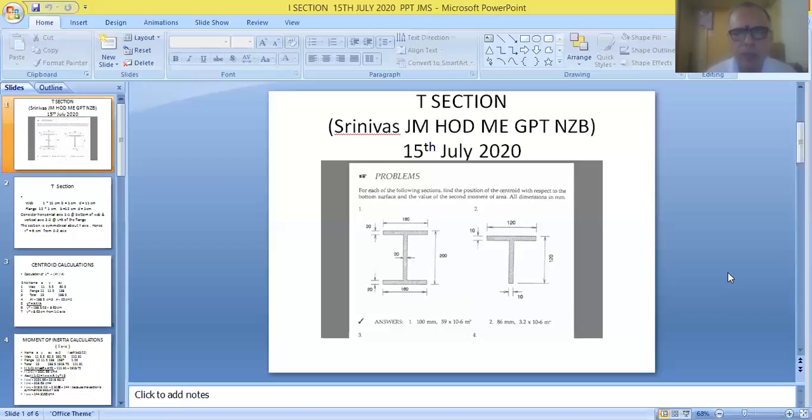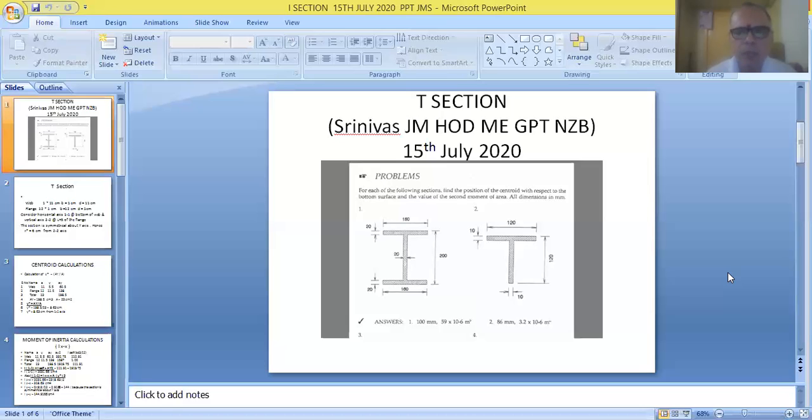So friends, area calculations are very, very important. It is obtained by taking the product of width and depth of the component. The letter B is used for indicating the width of the section, and letter D for indicating the depth of the section.